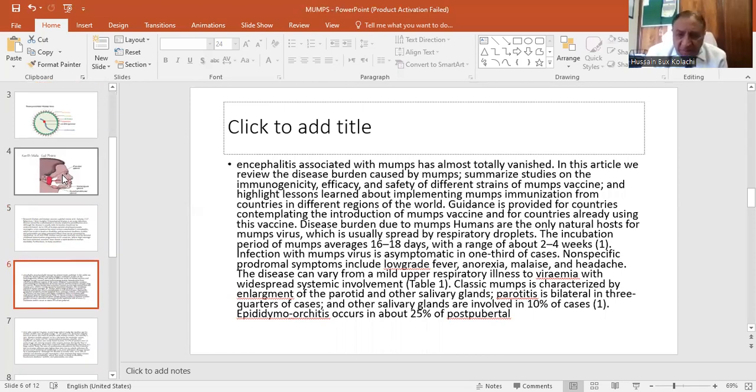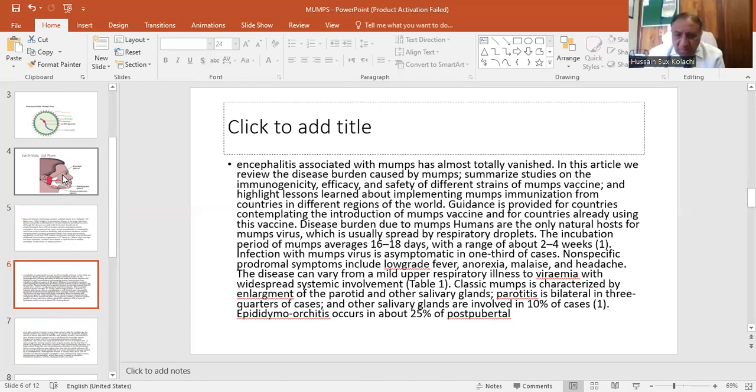Then there is another busy slide. The incubation period is about 16 to 18 days, meaning that after infection, within 16 to 18 days or more than 2 weeks, the symptoms start developing: low-grade fever, anorexia, malaise, meaning you are not feeling well, headache, and widespread systemic involvement, as you have seen that the parotid glands and other structures are also involved.